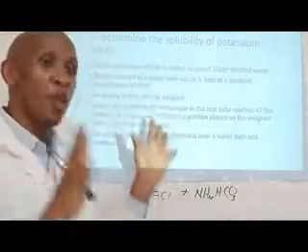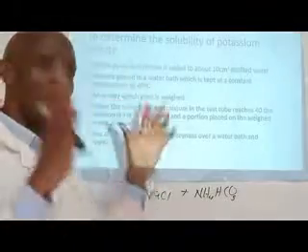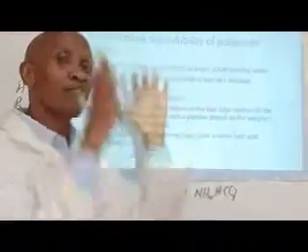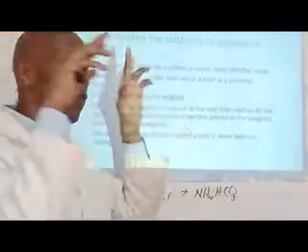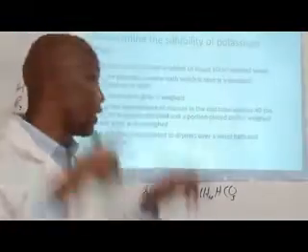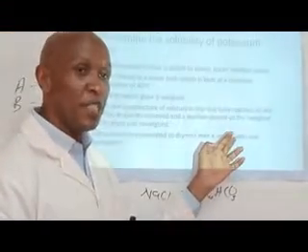When we are almost getting a solid, some of the potassium nitrate will jump out of the watch glass. So that is a process that we call spitting out. So to prevent spitting out, we shall heat on a water bath. That will be gentle heating.